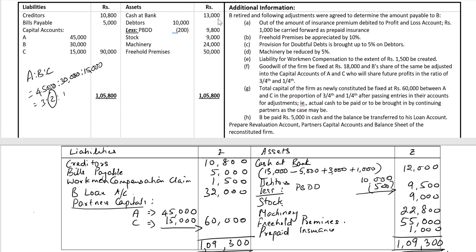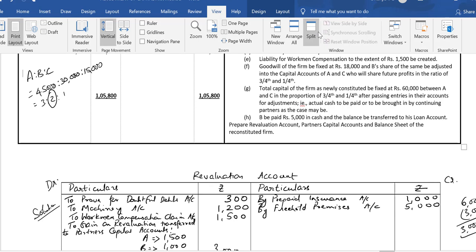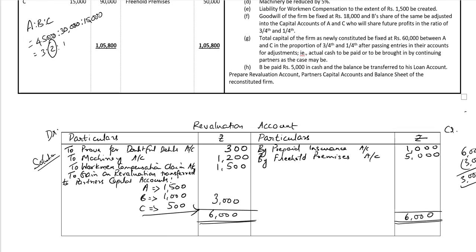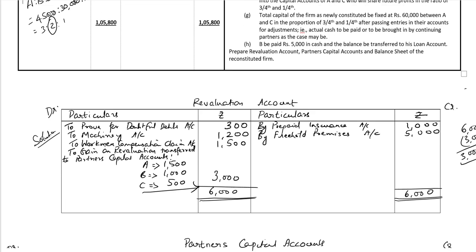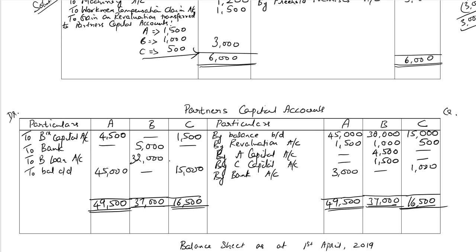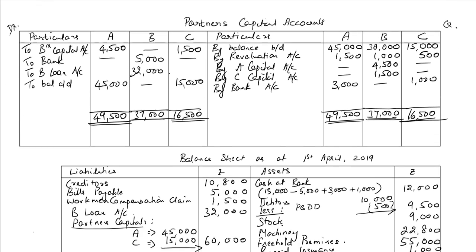I'll remove the split. We can view the entire answer together. So we began with the revaluation account, followed by the partners' capital accounts and the balance sheet.